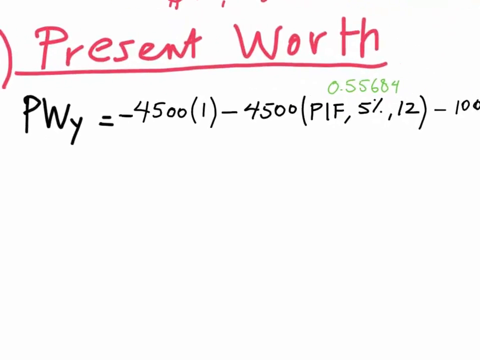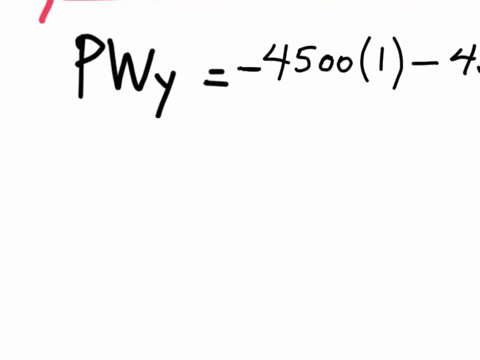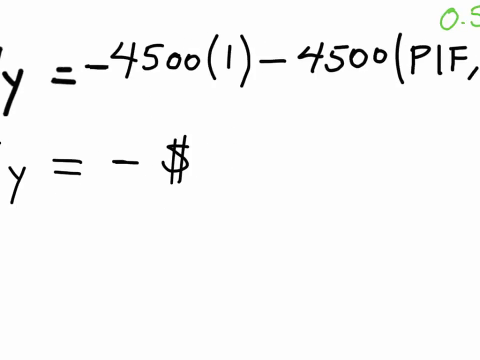So by grabbing these values and plugging them into the formula, you end up here with your present worth of Y equal to negative 20,804.4.